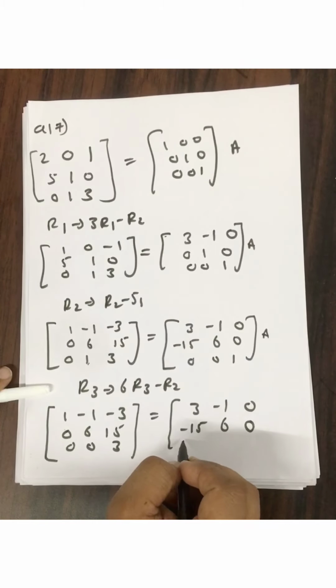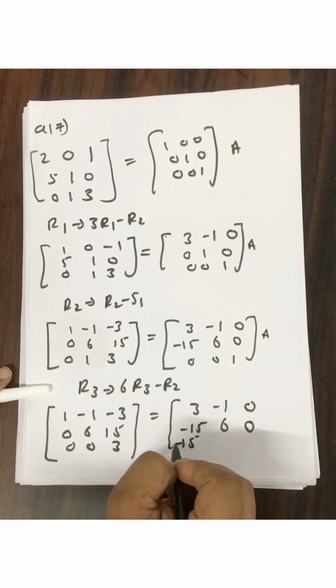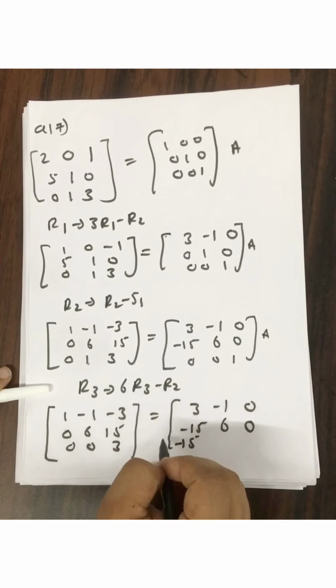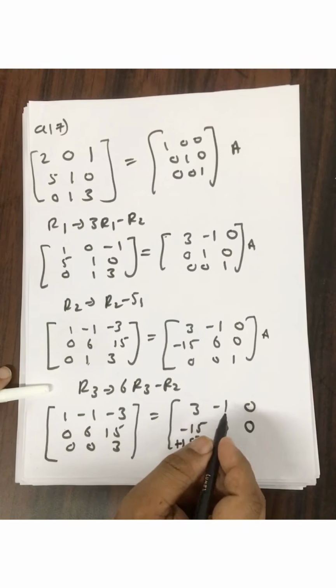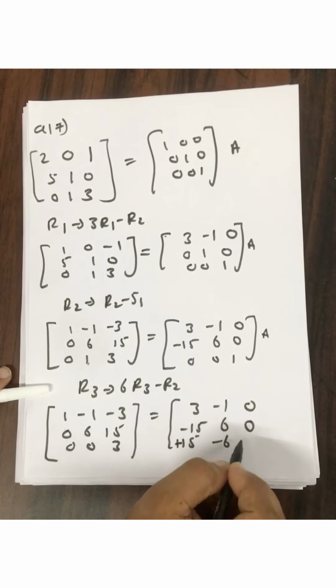What will this become? This is not 15 exactly, minus 15, because no, it will be plus 15. This will be minus 6, and this will be 6.